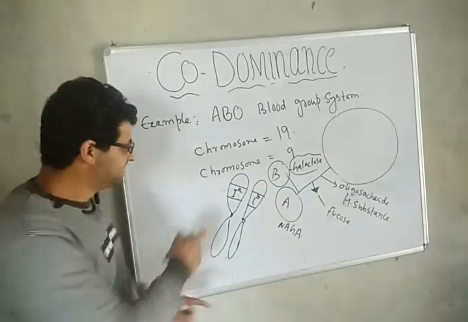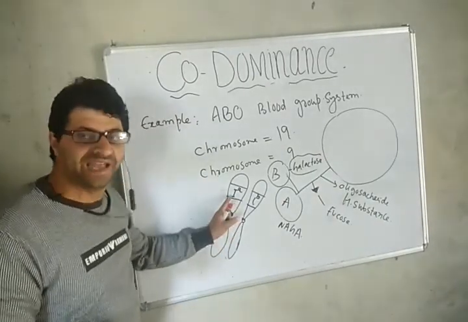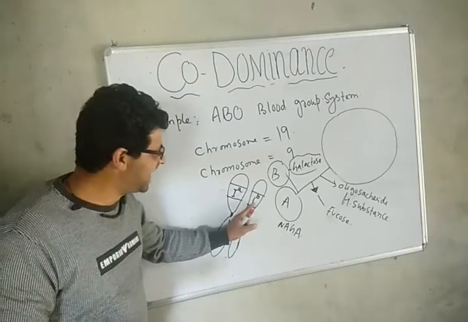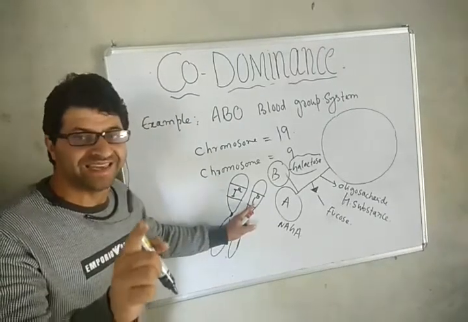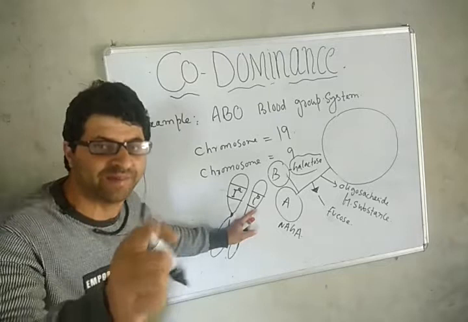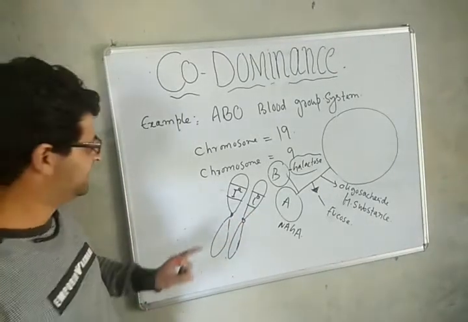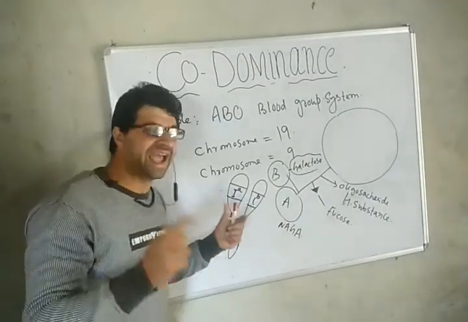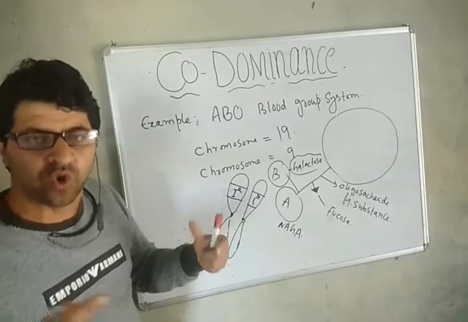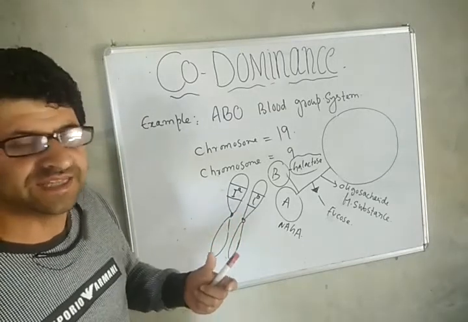That means both alleles, the IA allele as well as the IB allele, are making their respective phenotype expressions. So this is an excellent example of codominance.